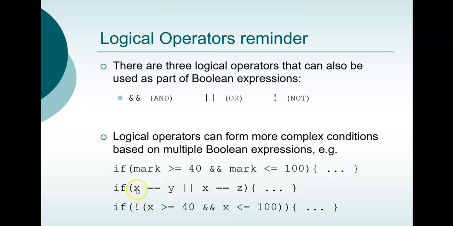We can also say if x is equal to y or x is equal to z. This is the OR operator. It means at least one of the conditions must be true. Then we can also use the NOT to negate this expression.